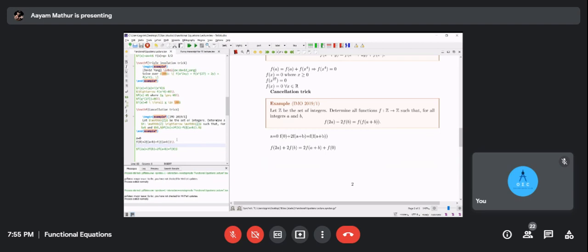Right. And now that we have this, naturally, our guess is that because this is an integer, only linear functions of sorts should work. And so our goal is to prove that f is linear.